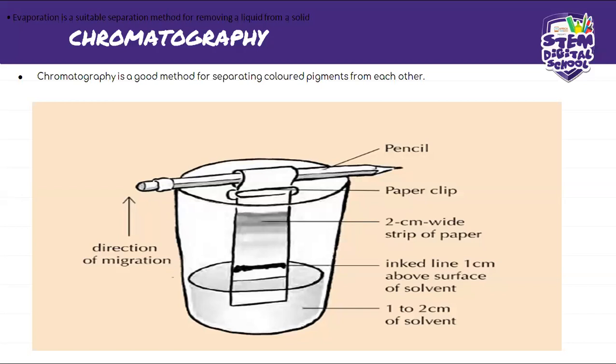Then, as it moves up, the colors of the ink will begin separating into the various components, the various pigments. So we have direction of migration of the liquid, and then it will separate the colors making up the ink.